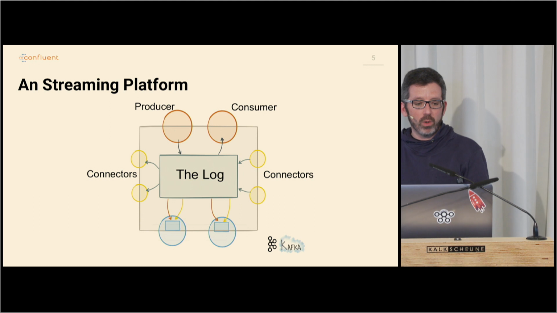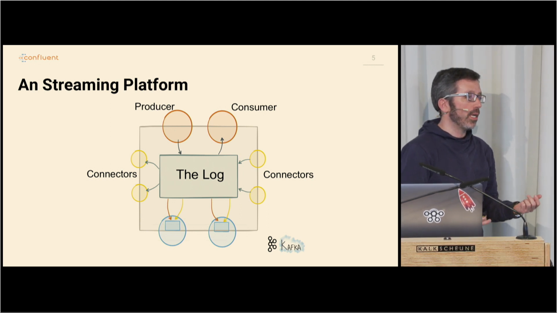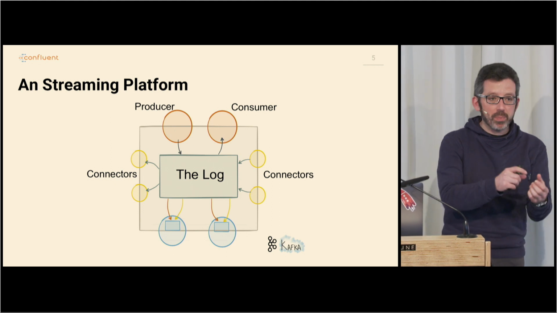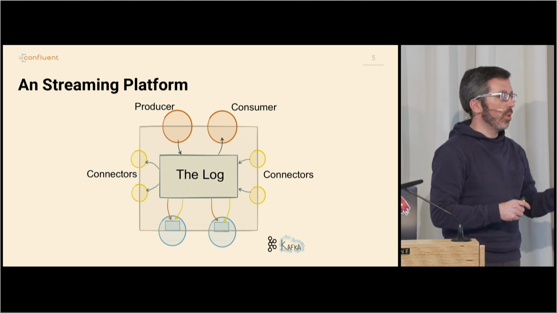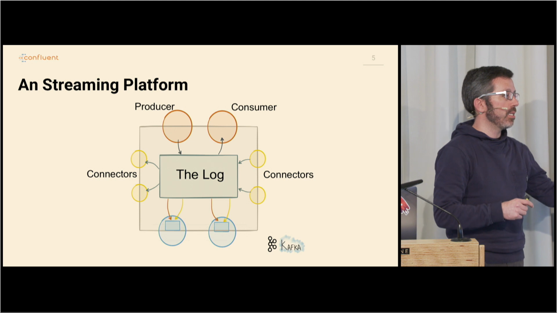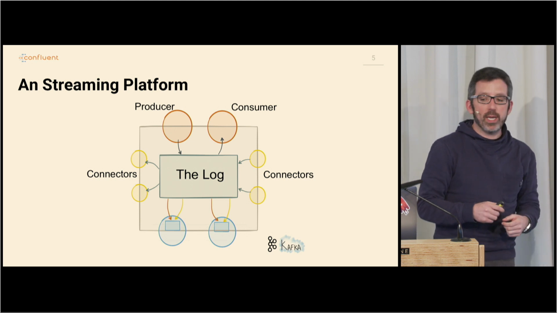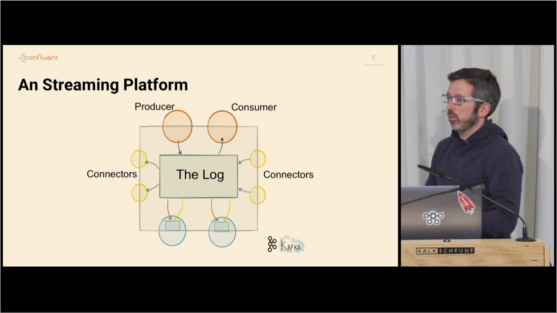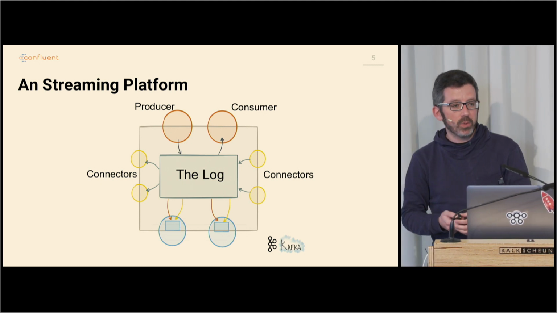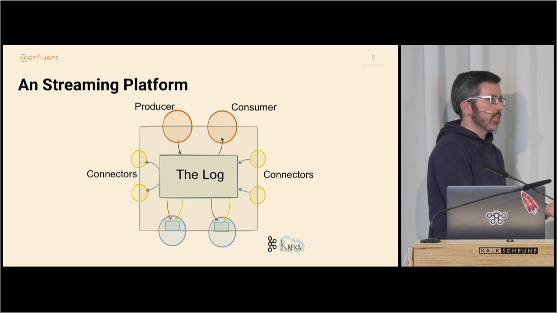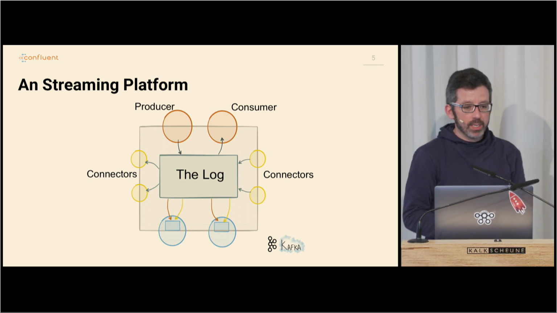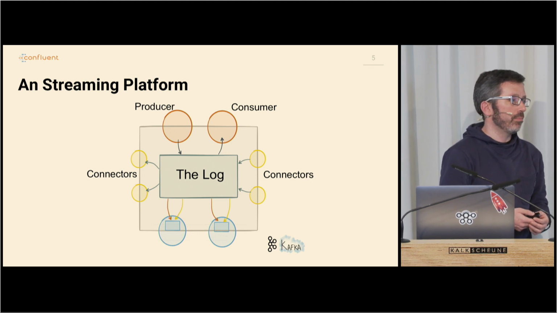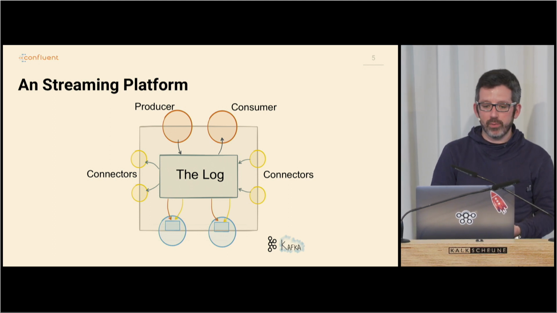So in the Apache Kafka world, we have the connectors. The connectors are plugins, small pieces of software that let you read from, for example, a database and inject this data into Kafka, or let you read from Kafka and write this data into, I don't know, things like HDFS, S3, another database, etc. As well, there are the classical producer and consumer APIs, which are the initial clients for Kafka.